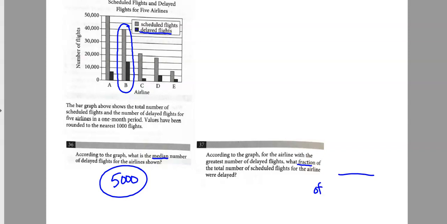Well, scheduled flights is the gray. So scheduled flights is 40,000. Delayed were 15,000. So there's my fraction. Right off the bat, if I divide by 1,000, those are gone. So I'm looking at 15 over 40.